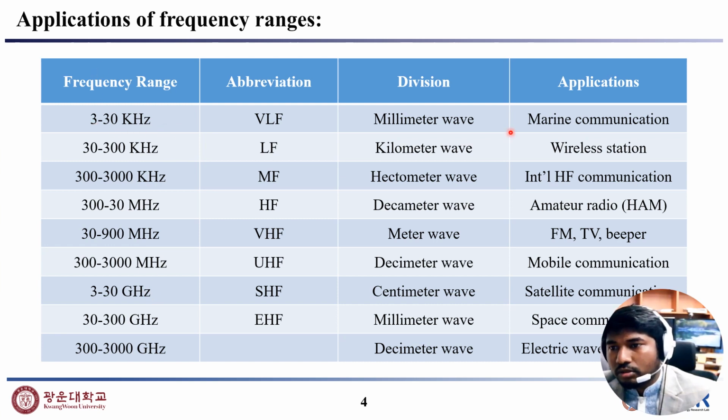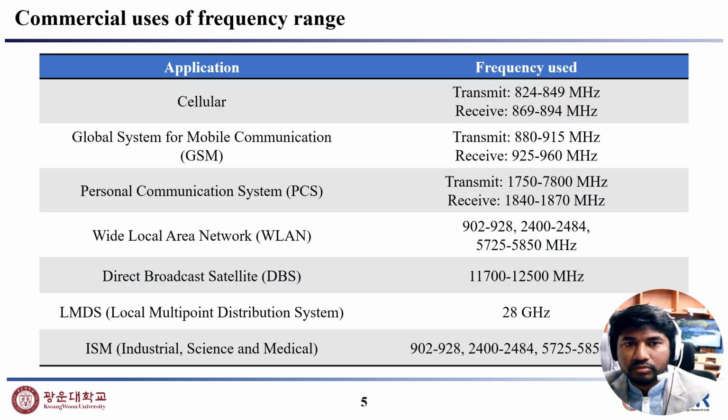3 to 30 kilohertz is for marine communication, 30 to 300 kilohertz for wireless stations, 300 kilohertz to 3000 kilohertz for AM communication, 3 to 30 megahertz for amateur radio, and 30 to 300 megahertz for FM, TV, and so on. 300 to 3000 megahertz is for mobile communication and satellite, and 3 to 30 gigahertz for satellite communication, and so on.